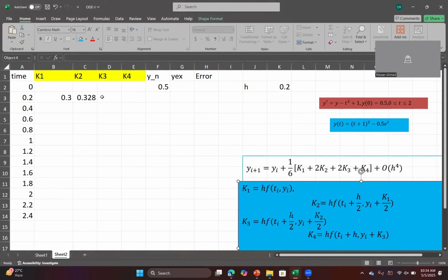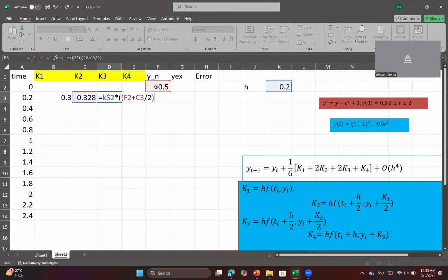So K3 is equal to h times the function evaluation. First is y. Y is to be replaced by yi plus k2 by 2. So every y in the expression must be replaced by the previous y value plus k2 by 2.